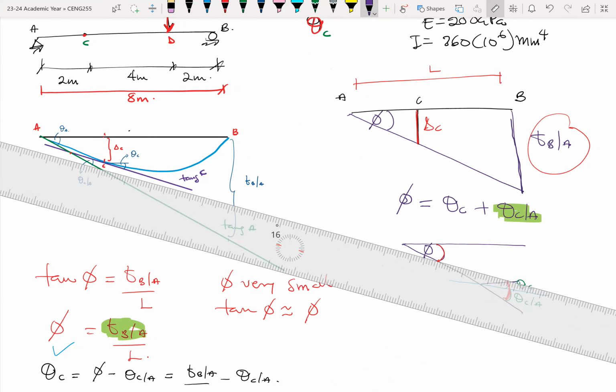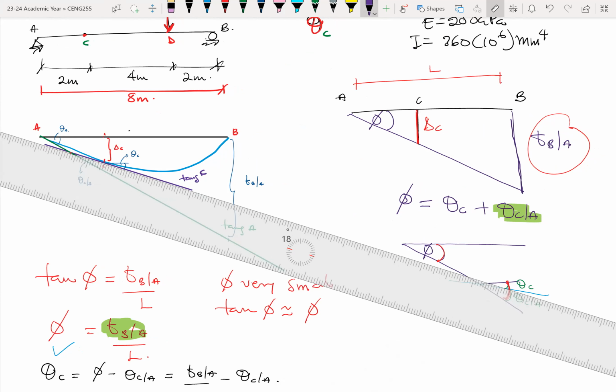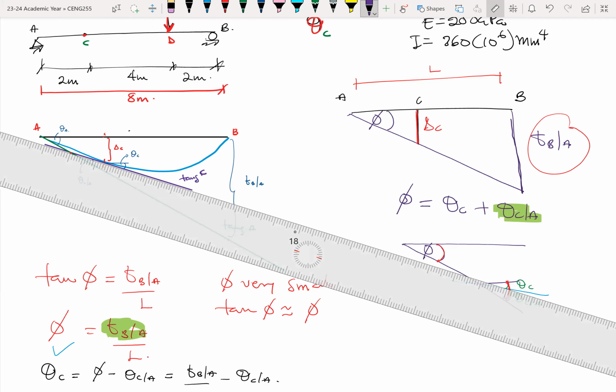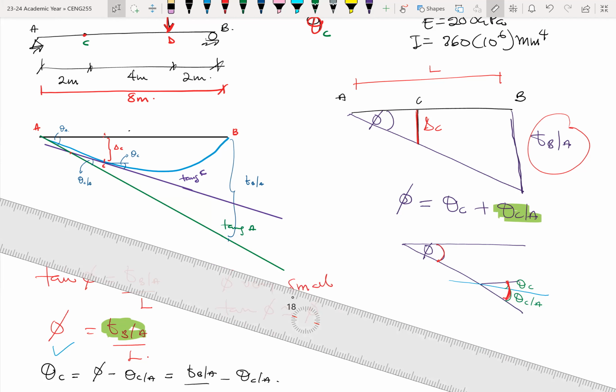Assuming that I extended, so I'll answer both questions. Assuming that I extended this, okay. So it means that the vertical deviation from B with respect to C would be somewhere here, not all the way to the end.